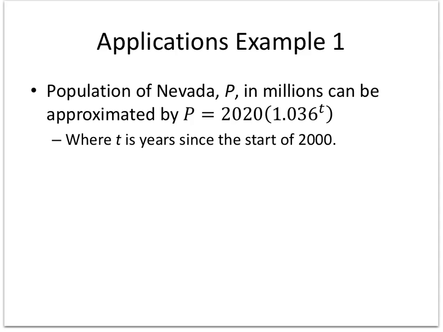Saturday, yeah. 10-4, Saturday. All right, so here's an application. The population of Nevada in millions can be approximated with this function. Most populations you're going to see are going to be exponential, where t is years since the start of 2000. Why are the numbers so huge?